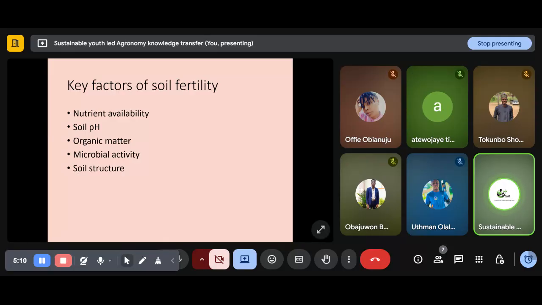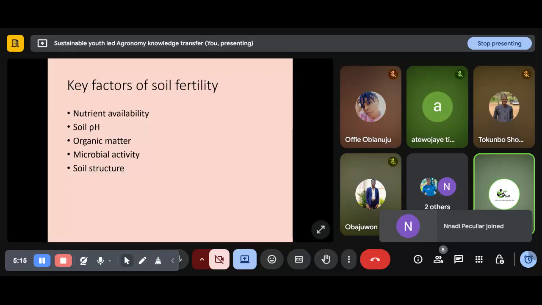Now, soil pH has to do with the acidity or the alkalinity of the soil. We should understand that there are some soils that are acidic in nature, and some that are alkaline in nature. If you refer back to our discussion on abiotic and biotic factors, we discussed extensively on soil pH.